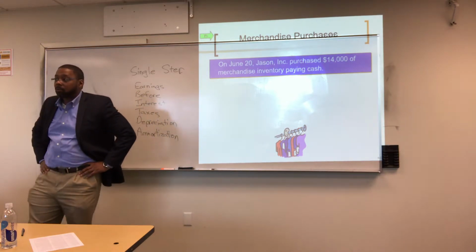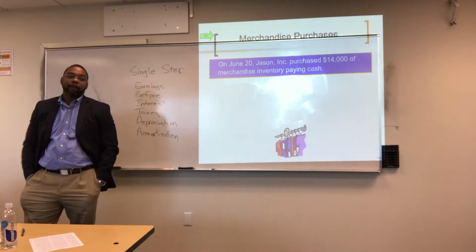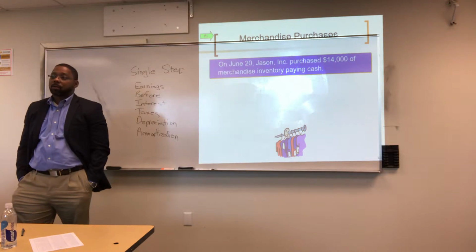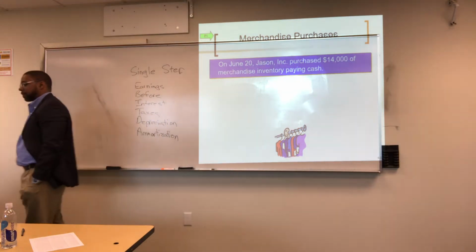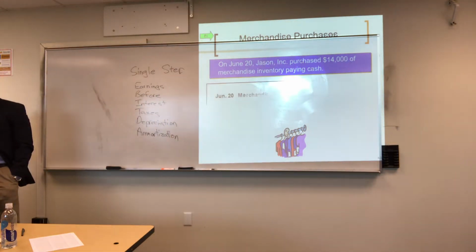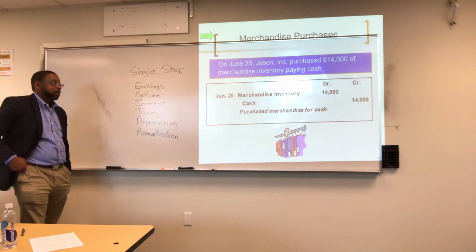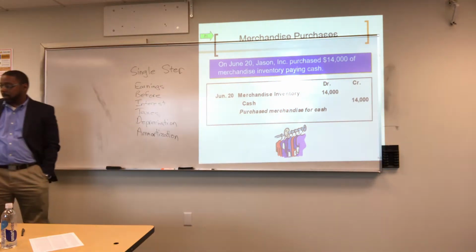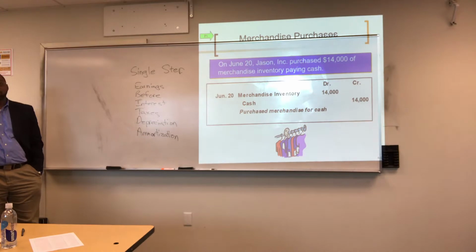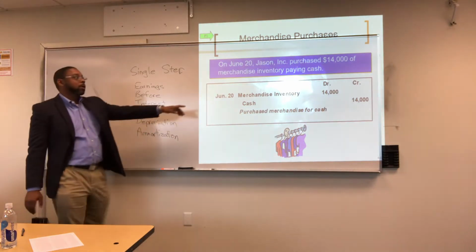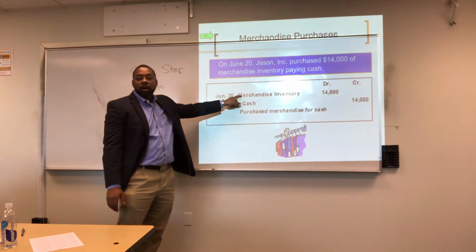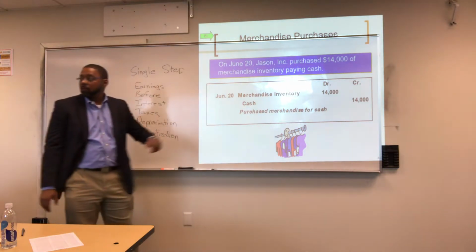Did we increase or decrease our merchandise? Increase. How do we reflect an increase in an asset? Debit. Good. So we debit merchandise inventory and credit cash. That's just a regular purchase of inventory. Everyone with me? Put in merchandise inventory, that reflects these are assets that will be sold in the future.